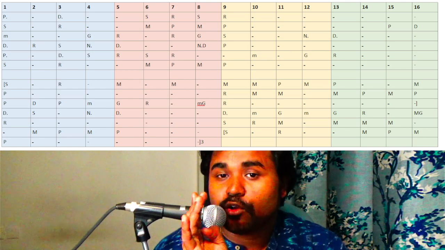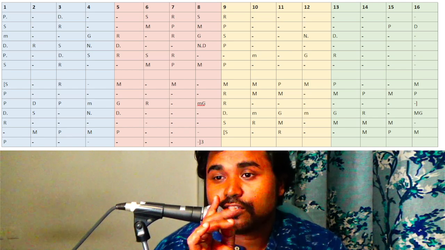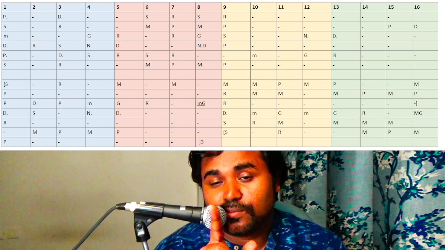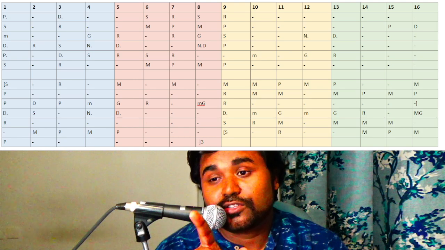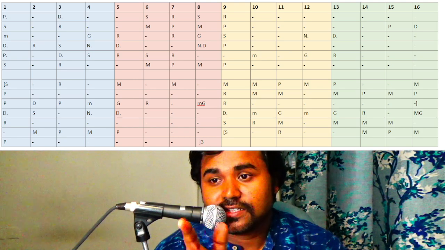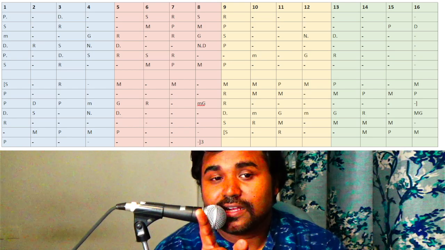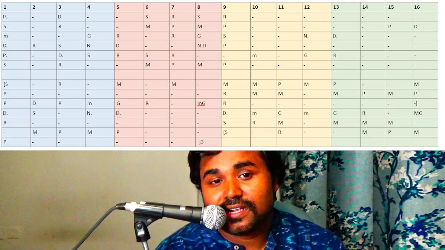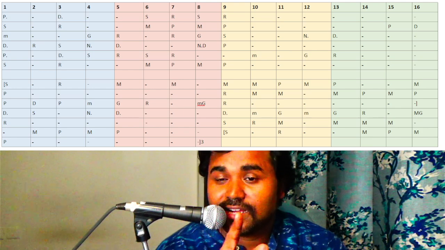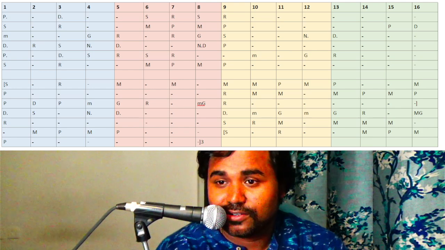Pa Ni Dha Ni Sa Re, Sa Re, 1 2 3, 1 2 3 4, Sa Ni Re 1 of Ma Pa, 1 2 3, 1 2 Pa Dha. This Pa Dha is starting from the 15th and 16th beat. Pa Dha Ma Ga Re, Pa Dha Ma 1 2 Ga Re 1 Re Ga Sa 1 2 Ni Dha 1 2 3.